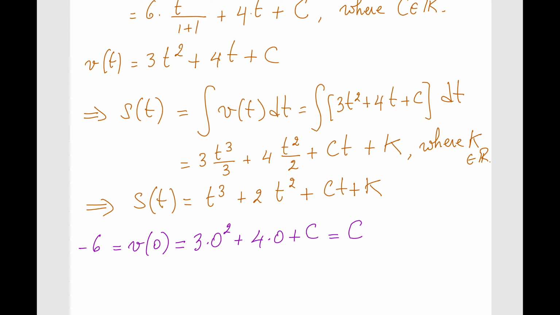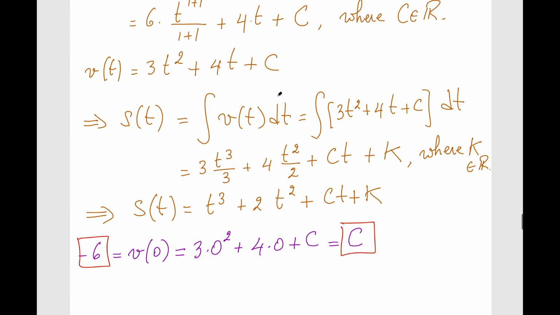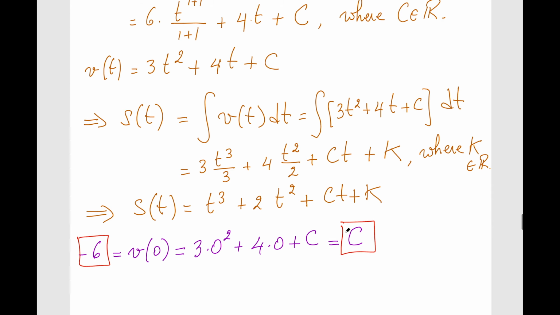So how much is c at the end? c is simply -6. So now I know what c is. That c that you see here is -6. You might think it's going to change the process, but look, -6 is a constant, so it would have behaved the same way, right? If this is -c, you're going to pick up -ct, right? Nothing is going to change, it's still a constant.